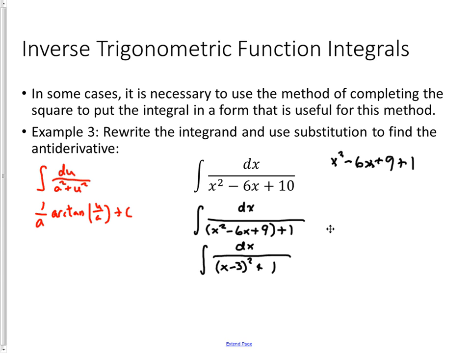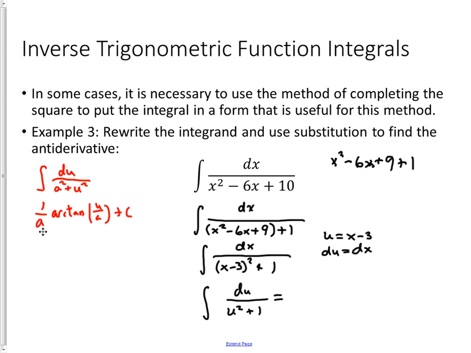The only difference now is that we might try to say, well, let's let u equal x minus 3. What's going to happen? Well, sure enough, du is going to equal 1 times dx. So we're practically already there, right? Look at what we've got now. We've got du divided by u squared plus 1. Well, sure enough, that is, as we said, 1 over a.